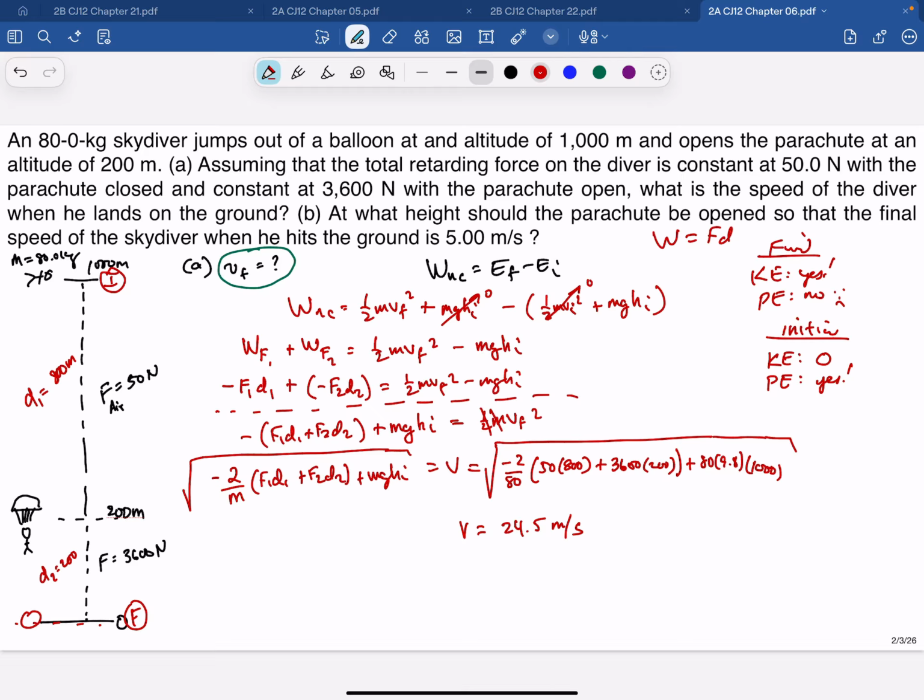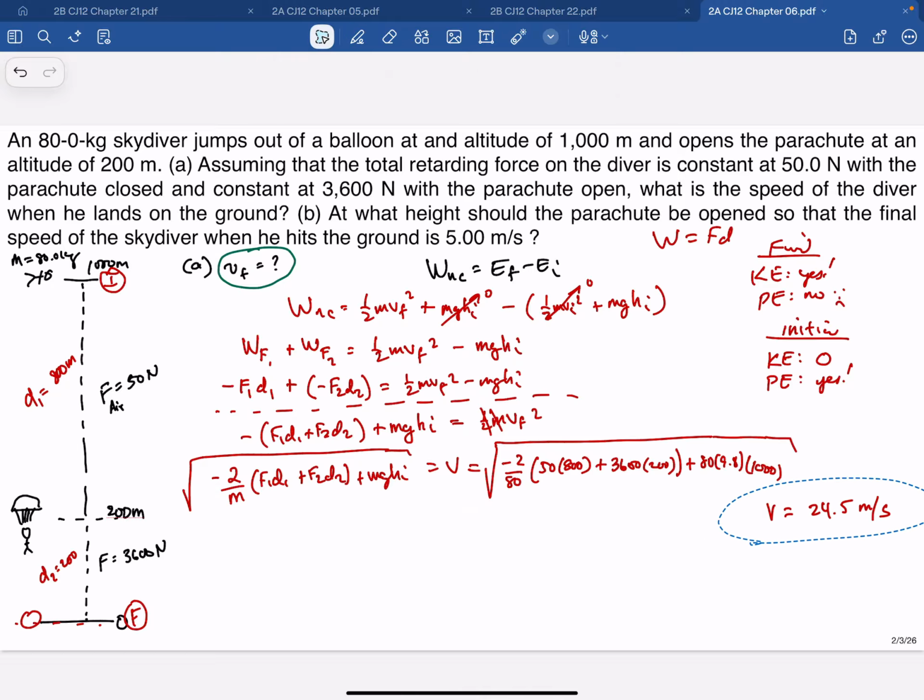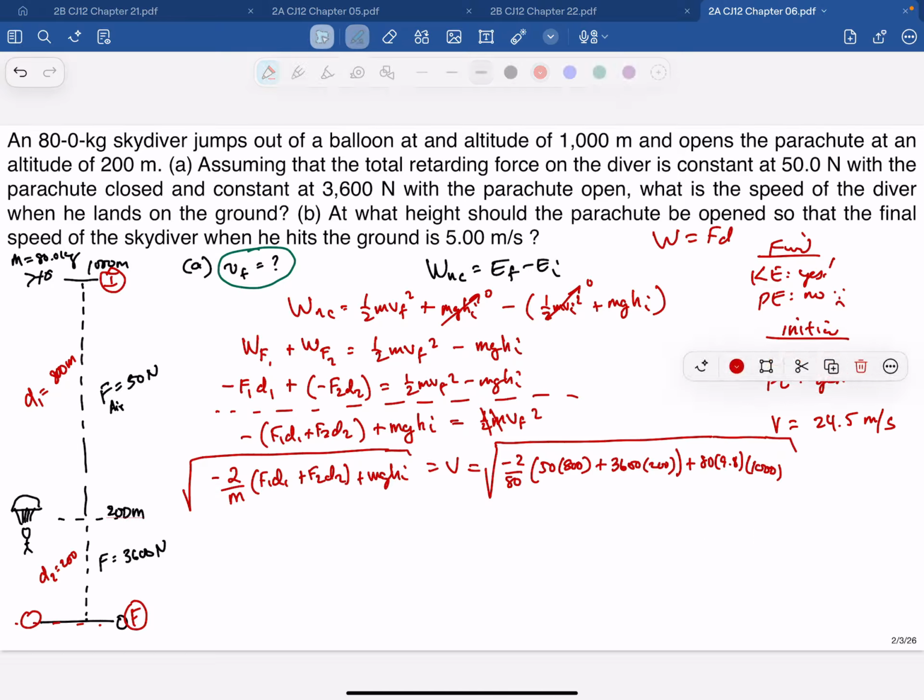So in part B, what do we know and not know? Everything but D2. I'm going to do this one in green. So for part B, we don't know D2, right?